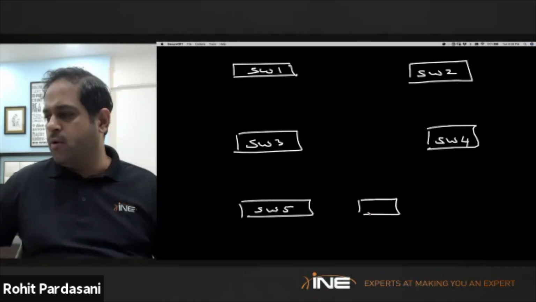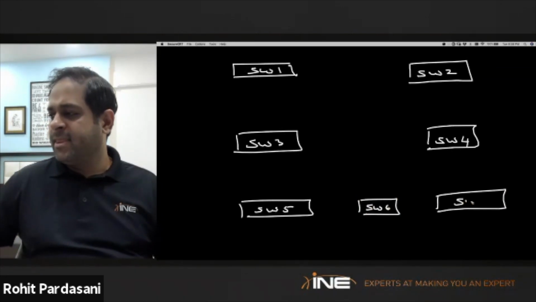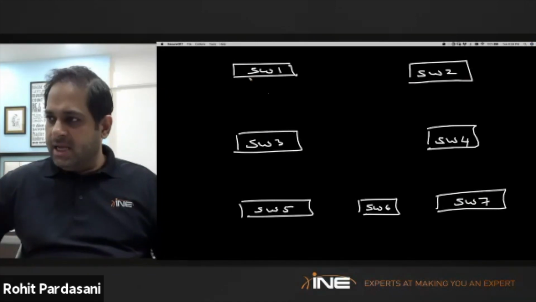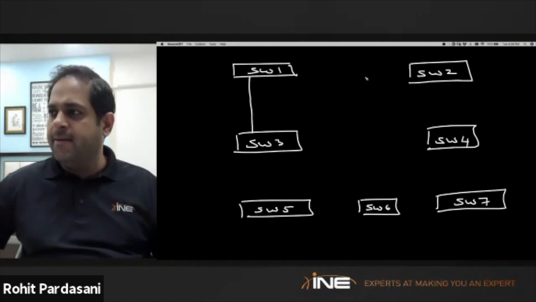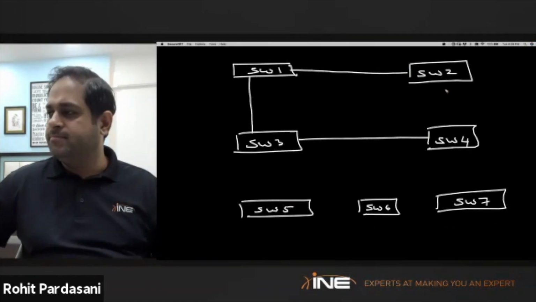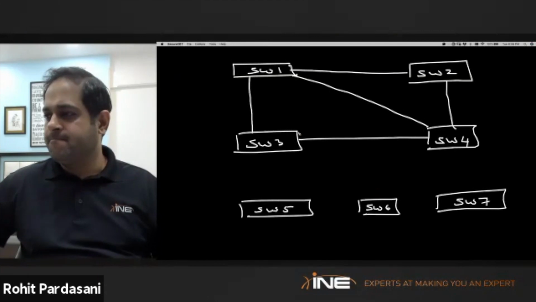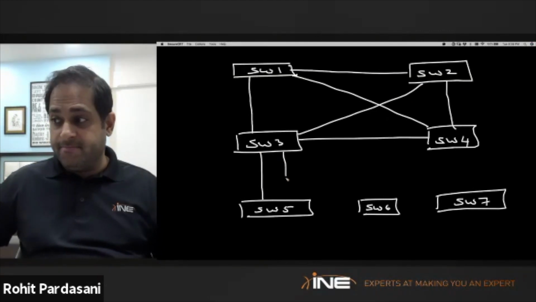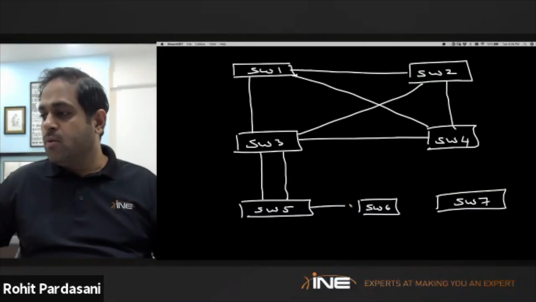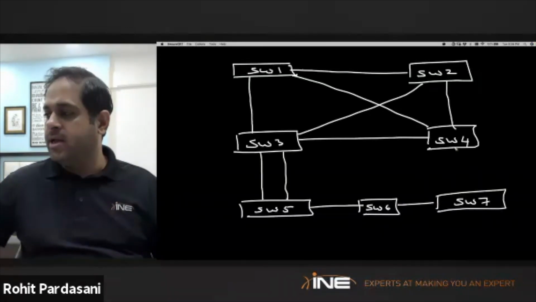Let's make one more here, switch 6, and switch 7. Let's take one link here, one link here, one link here, one link here, maybe one link here, one link here, two links here, one link here, one here, and two links here.